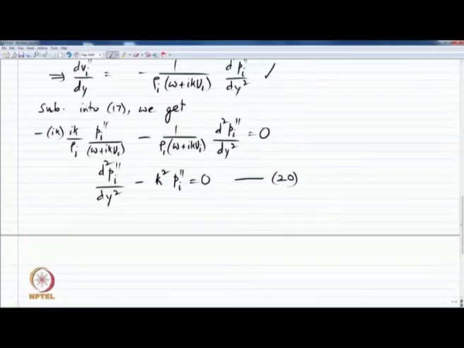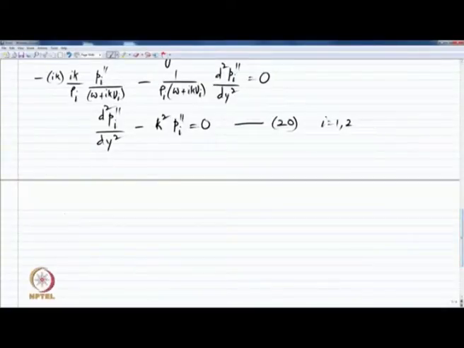Now, remember i equals 1 or 2, we have maintained that notation all the way through from the beginning of this derivation. So, essentially P1 and P2 are the static pressures in fluid 1 and fluid 2, and they are independent, they are separate.